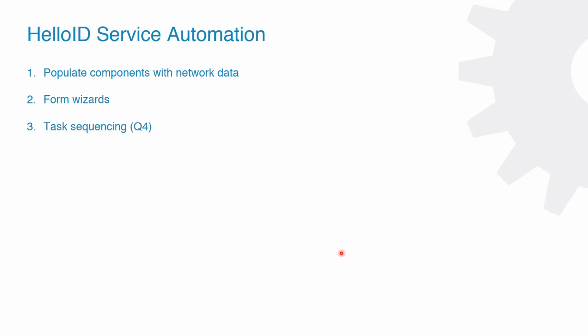So there are tasks, but they are single tasks. You cannot combine them. You cannot use the output from a task in another task. For that function, you need to wait until Q4 this year. You need to wait for task sequencing. So today you need to use PowerShell scripts. Not really the nicest way to do it, but it's definitely effective.